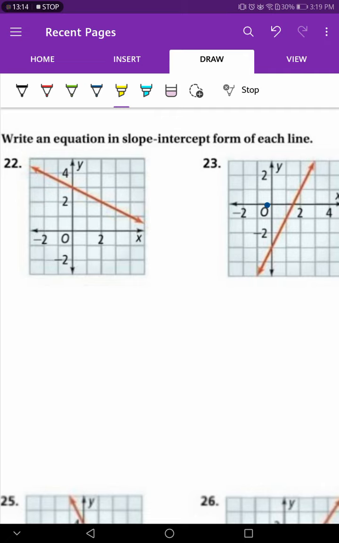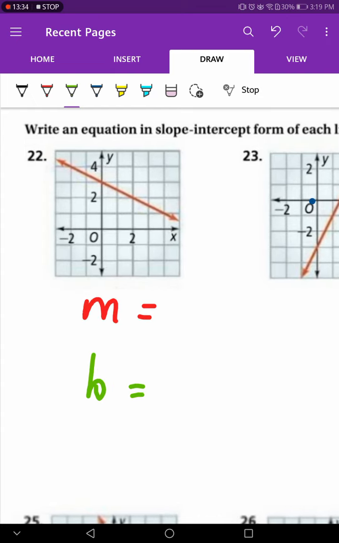Okay, it is easy. In this exercise, he gave me a graph and asked me, please write the slope-intercept form. As we said, to write a slope-intercept form, I need the slope, which is m, and I need the b, which is the y-intercept, where the line hits the y-axis. In number 22, this is the red line. This red line hits the y-axis, this is the y-axis.